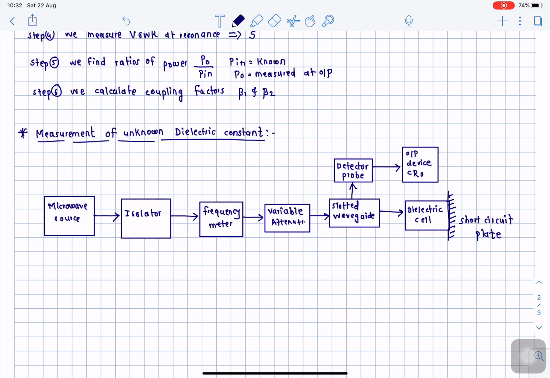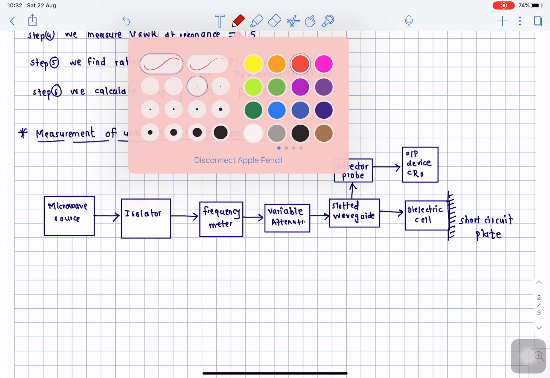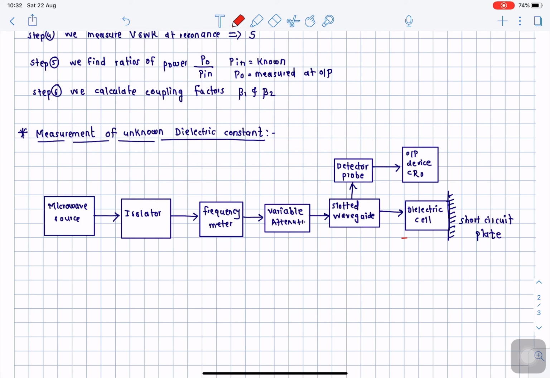Okay, the sample material whose dielectric constant we want to measure is placed in this particular dielectric cell. So this dielectric cell is placed over here. Here we are going to place the sample dielectric inside of this dielectric cell, and the other end of the dielectric cell is closed with a short circuit plate.